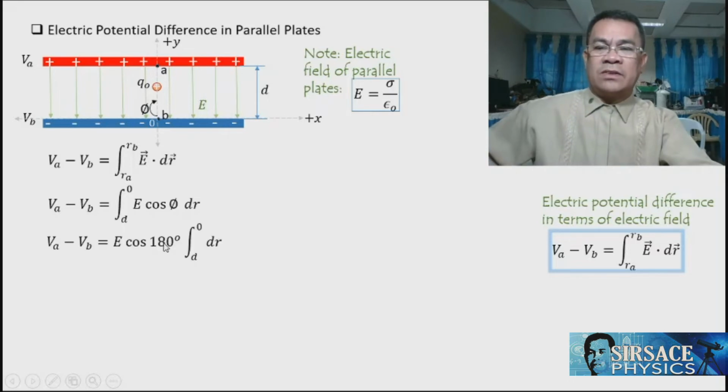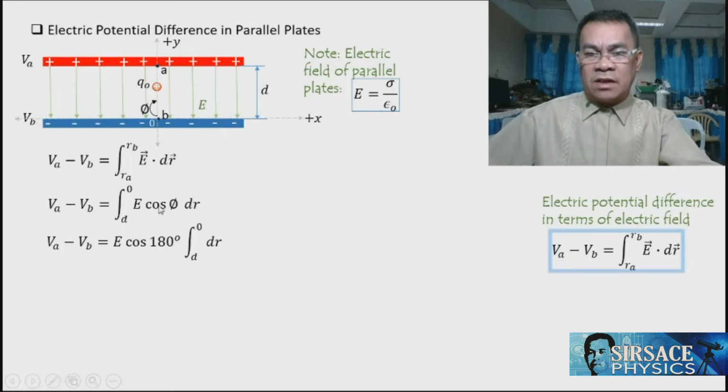So replace the value and take it outside from the integral. The cosine of 180 is a constant, it is negative. Then we have the electric field, which at that point is also constant.